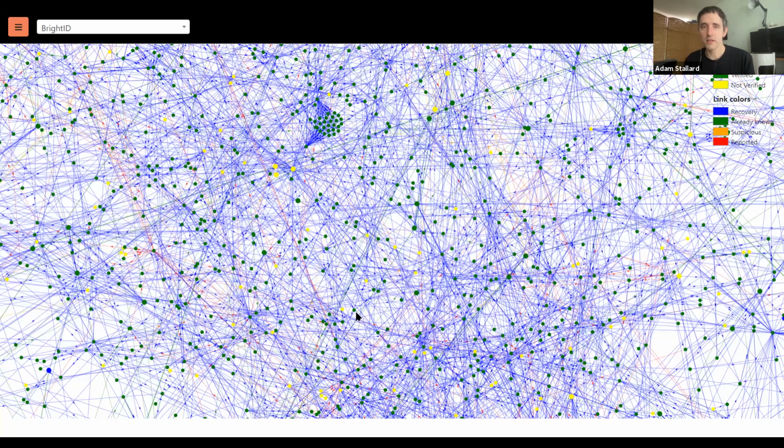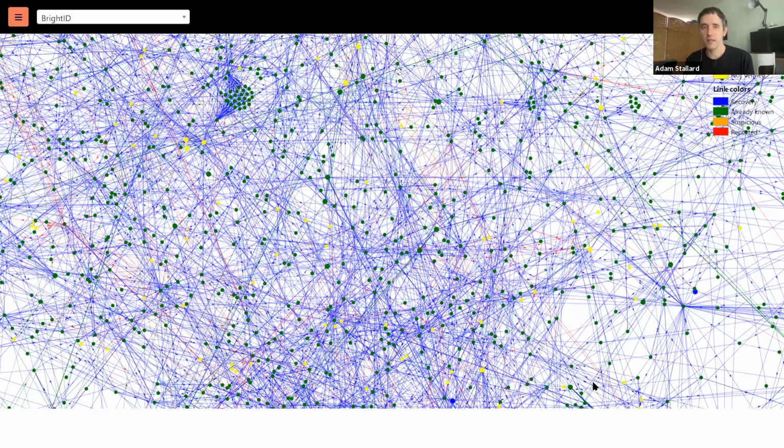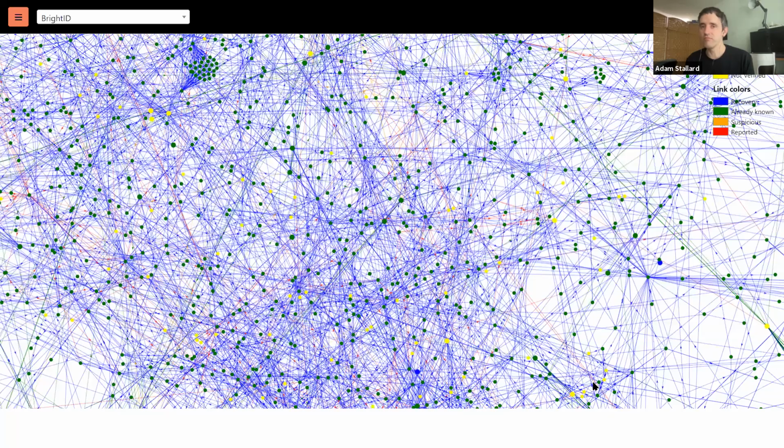So there are different ways that you can get a sort of consensus on verification, and that's up to applications and up to the nodes how they want to decide to do that. So there's a lot of flexibility there.